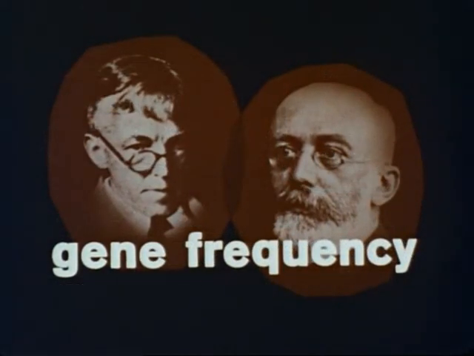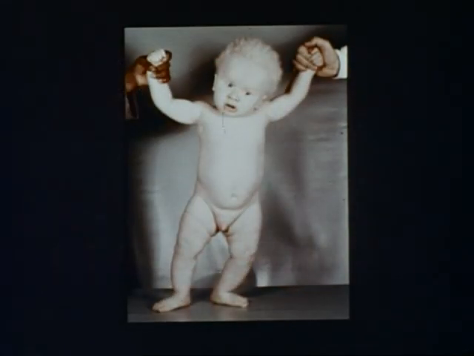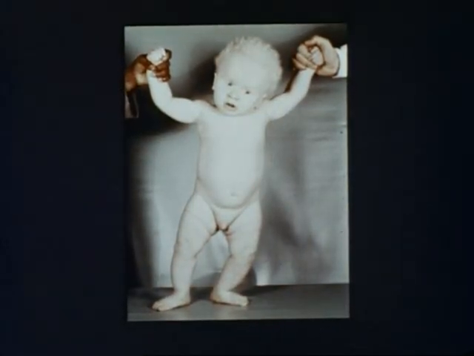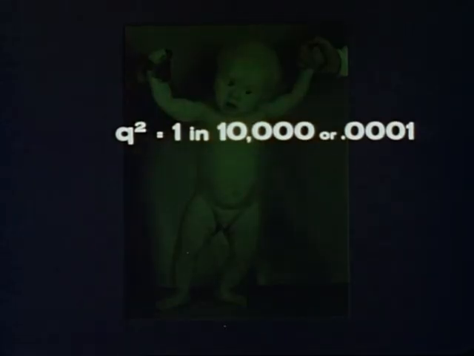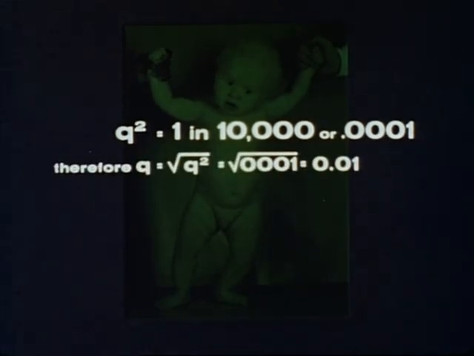Hardy and Weinberg directed thinking along lines of gene frequency as the pertinent variable in population genetics. If one collects from a population all cases of albinism, an autosomal recessive, and finds one case among each 10,000 persons, this means a genotype frequency, Q squared, of 0.0001. Q, the frequency of the gene little a, is the square root of this, or 0.01.